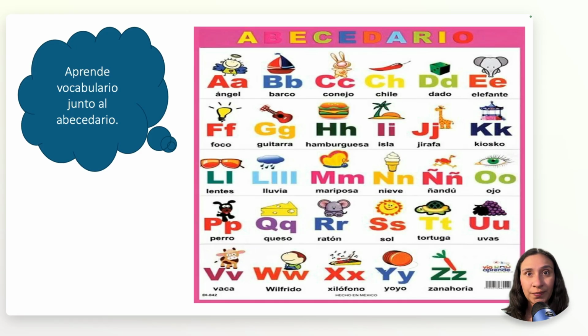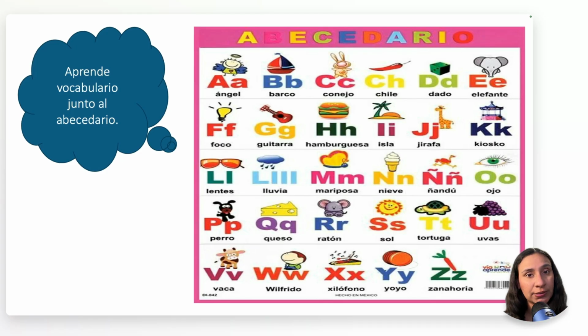B, barco. C, conejo. Ch, chile. D, dado. E, elefante. F, foco. G, guitarra. H, hamburguesa. No, hamburguesa. Remember, the H is silent. So, hamburguesa. I, isla. J, jirafa. K, kiosco. L, lentes. Doble L, lluvia.